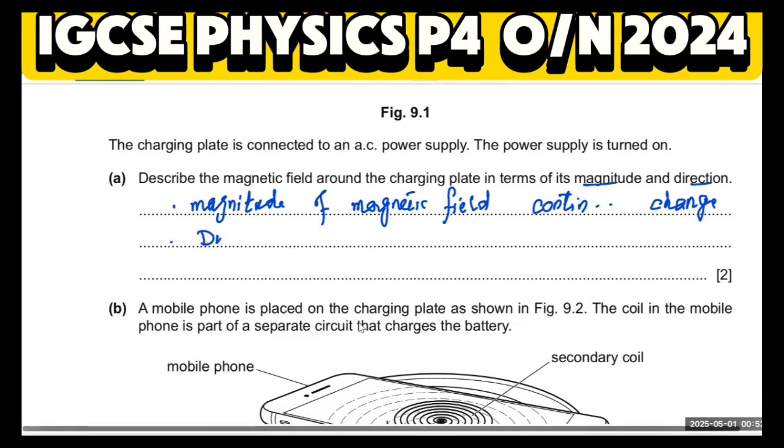Due to alternating current, the polarity changes 50 times in a second. So due to alternating current, the direction of the magnetic field changes. That's it. So we write 2 points for 2 marks.